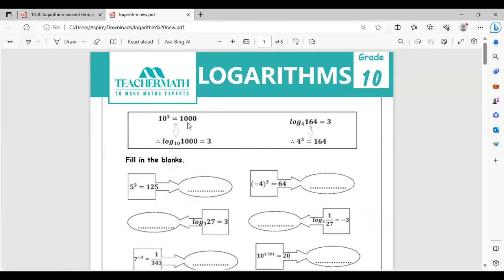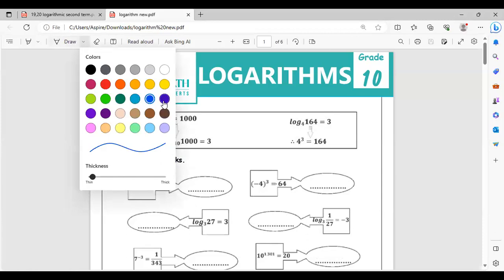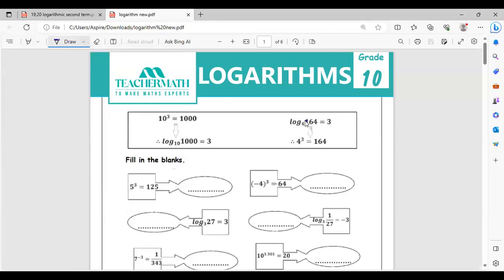Here you can see that the base is the same, and the answer is written within the log term, and the answer for the log term is the index of the index form. Okay, then here, log form converted into index form: logarithm of 64. Oh, sorry, it's not 164, it should be 64 only.